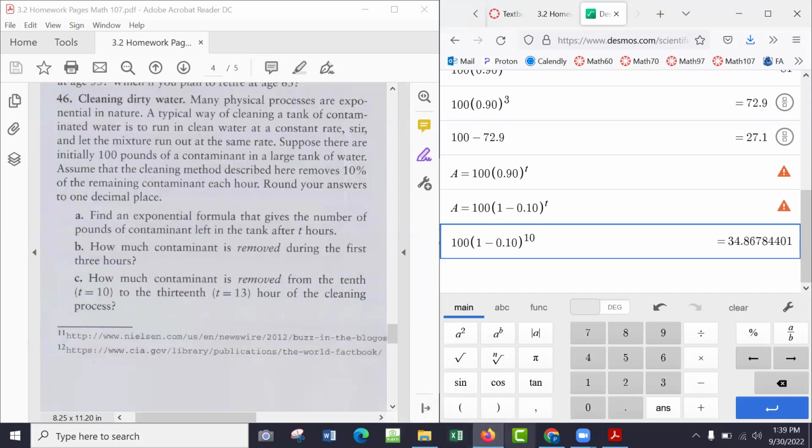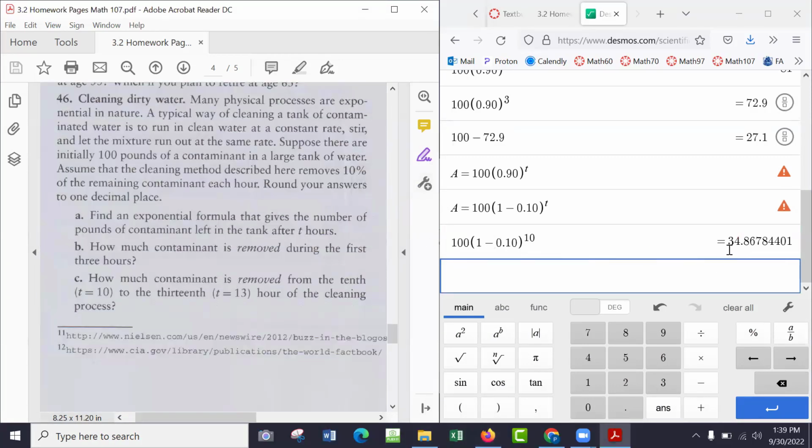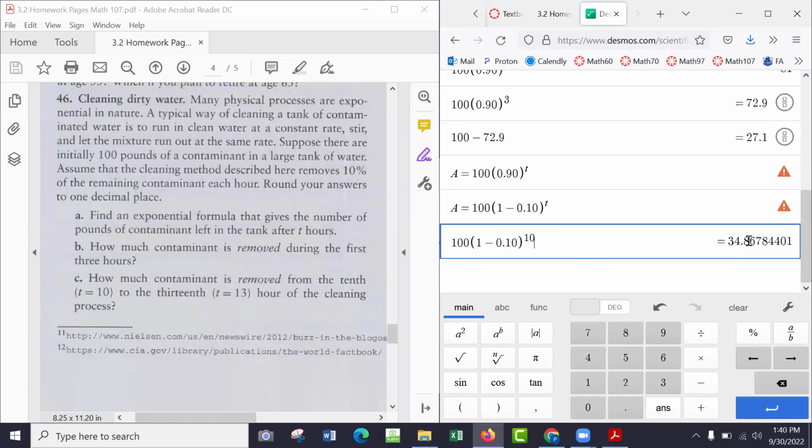There we go. So after 10 hours, I've got roughly 35 pounds remaining in the tank, because that's what's happening. We're removing 10% each hour, right? So after 10 hours, there are 35 pounds of contaminant remaining in the tank, right?